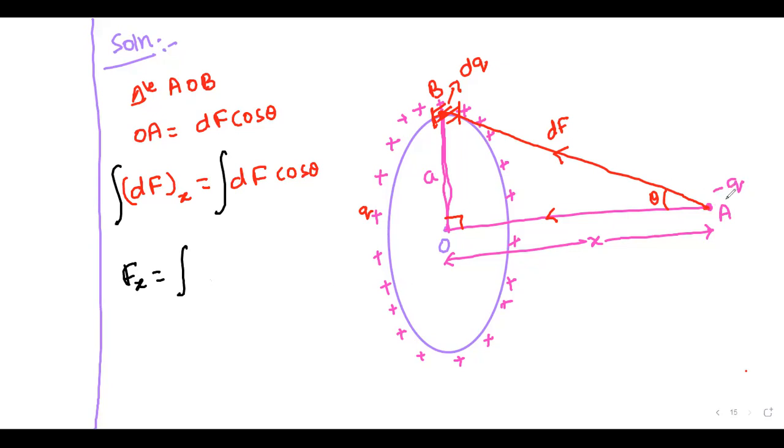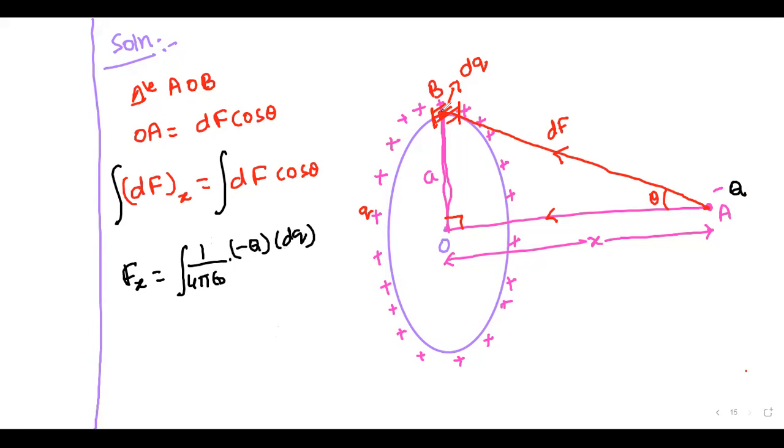Here we are having a charge, that is minus q, minus capital Q. So dF I can write as 1 by 4 pi epsilon naught times minus q times dq by the separation distance.